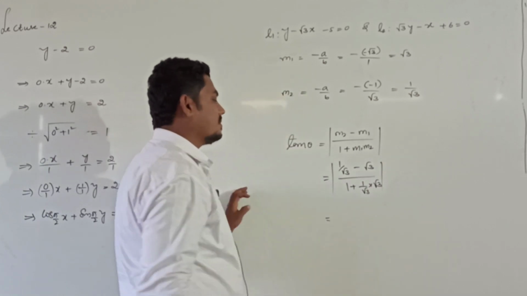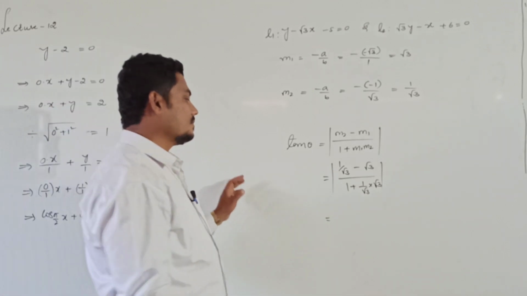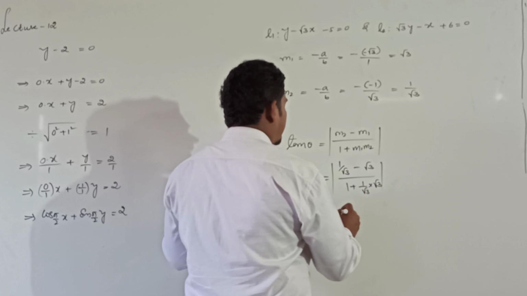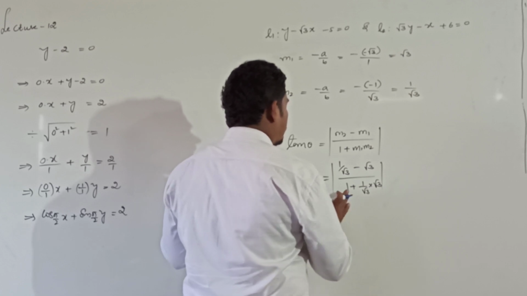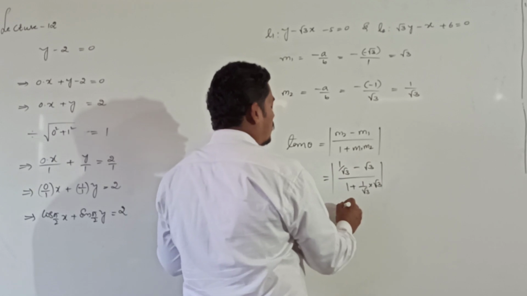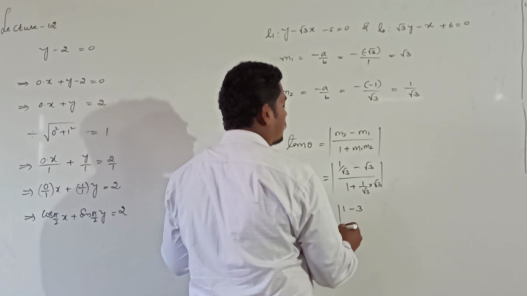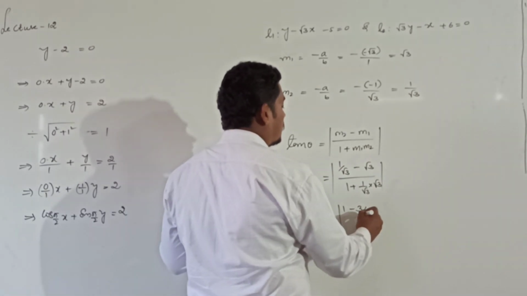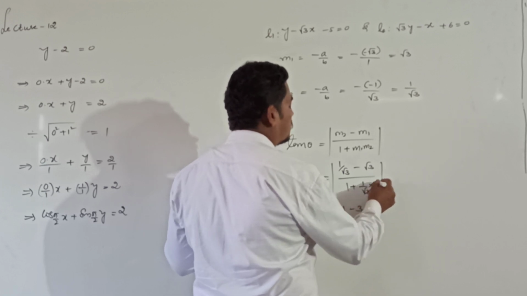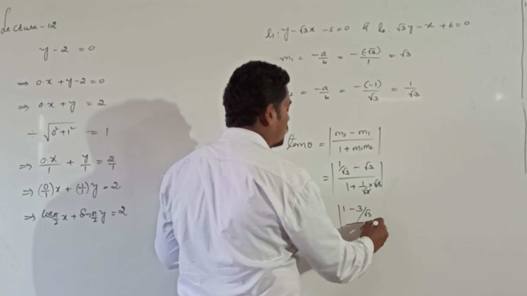Just simplification, taking LCM, then it will be 1 minus 3 divided by root 3, and the root 3 divided by root 3 gets cancelled, remaining with 2.